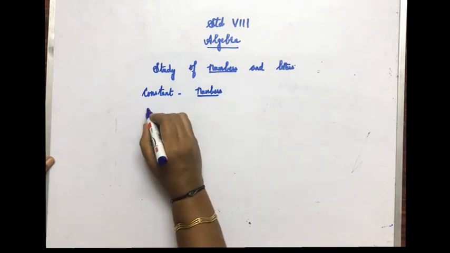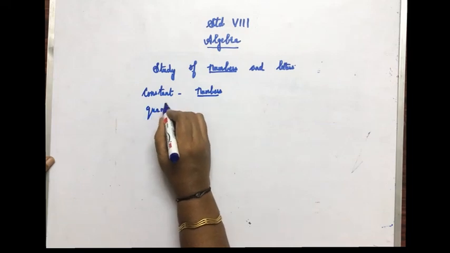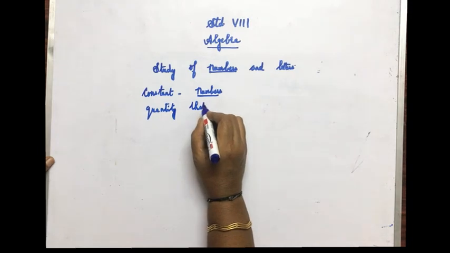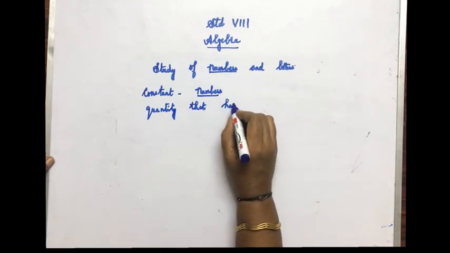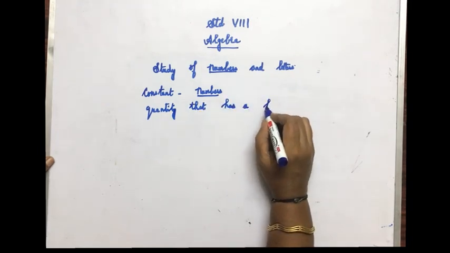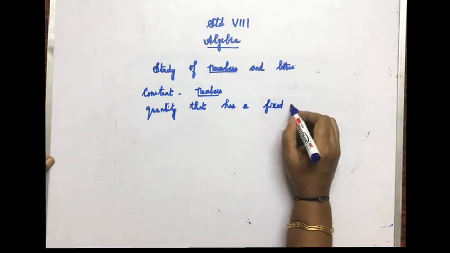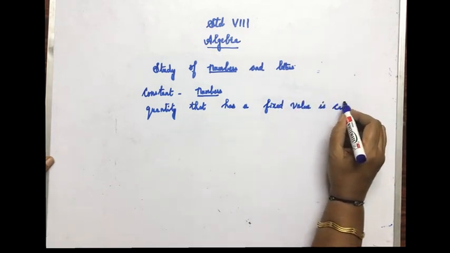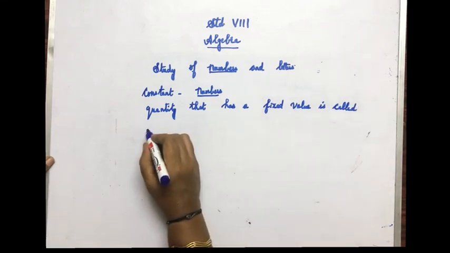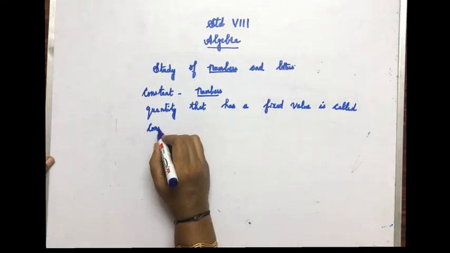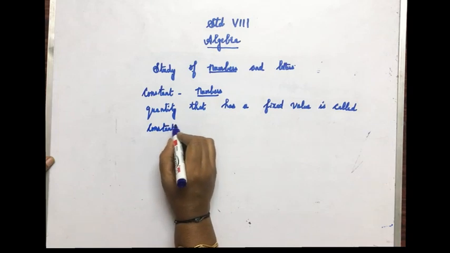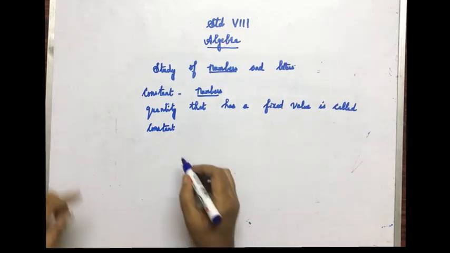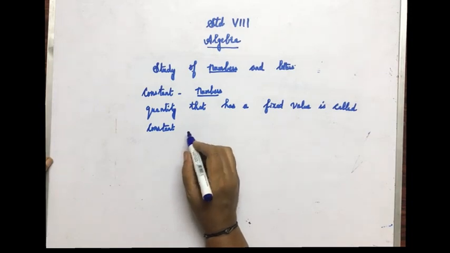So what is a constant? A quantity that has a fixed value is called a constant. We know numbers have a fixed value, that is, the value does not change. So numbers are called constants.